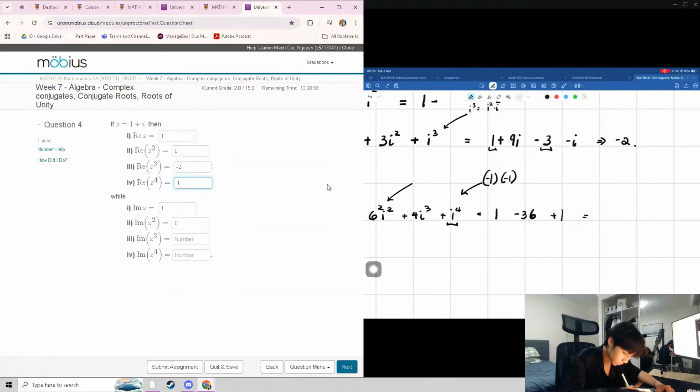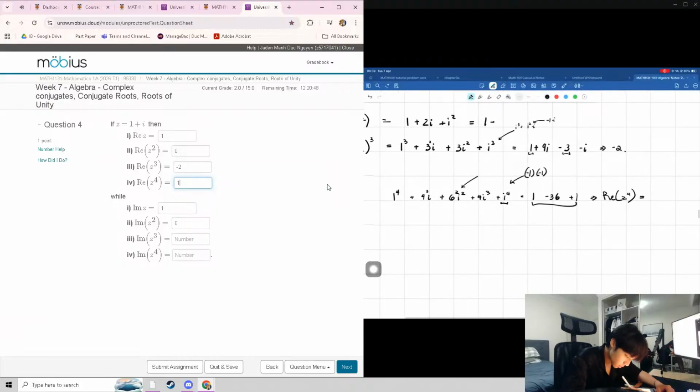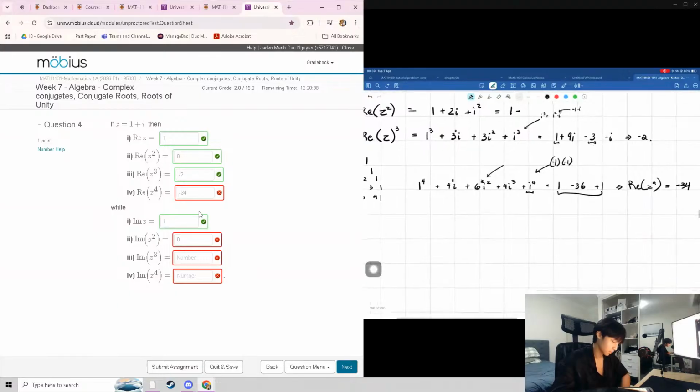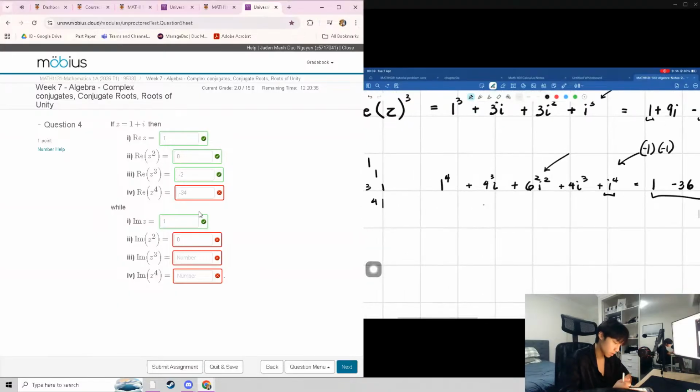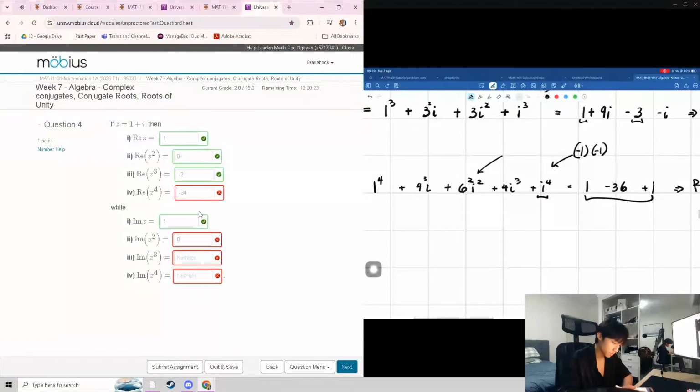So we get, this is just a rule. Oh, they want me to find the imaginary part. Minus 34. i to the 4th, 4 i cubed, 6 squared i squared, minus 36, minus 1.